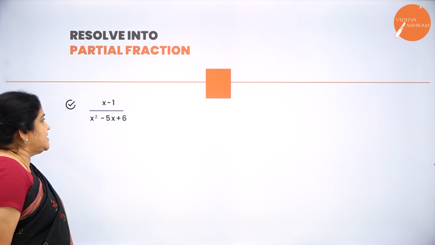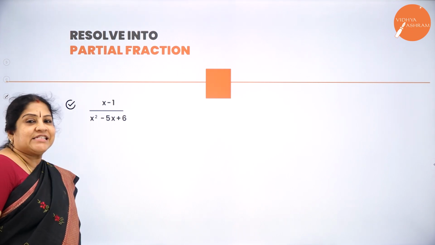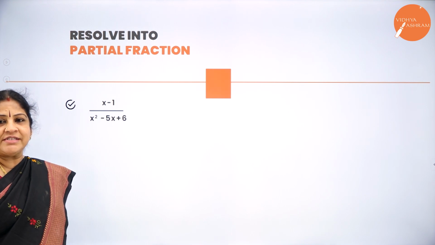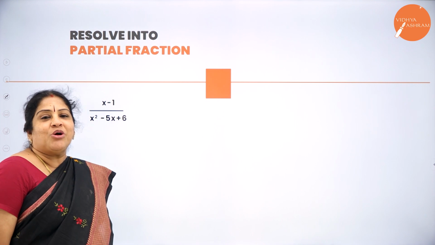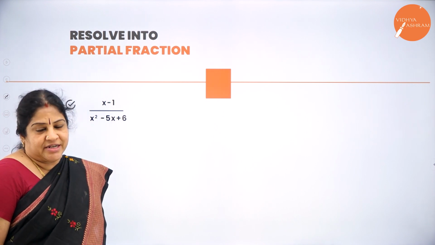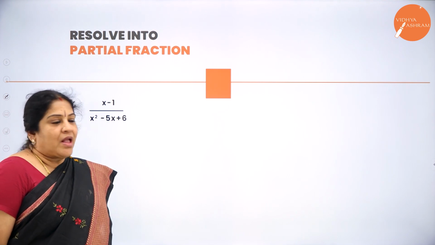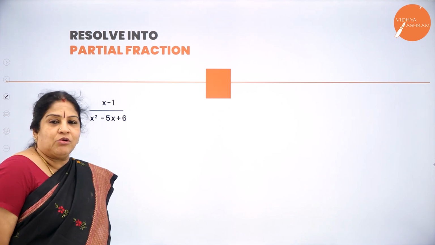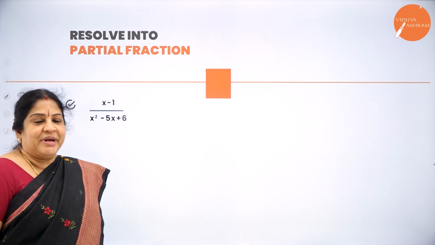Now, the first sum is x minus 1 divided by x square minus 5x plus 6. As you see this problem, the denominator is not factorized. First, we need to factorize the denominator. I hope you all can recall how to factorize the denominator. Yes, by splitting the middle term.